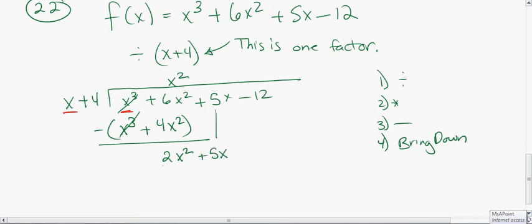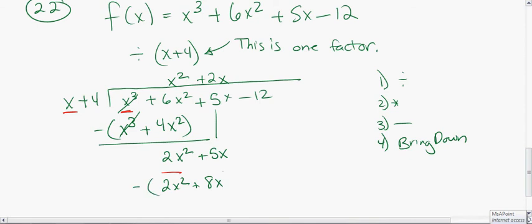Repeat. X goes into 2x squared 2x times. So plus 2x. I'm writing that over the 5x terms, so keeping like terms with like terms. Multiply: 2x times x is 2x squared. 2x times 4 is 8x, so plus 8x.